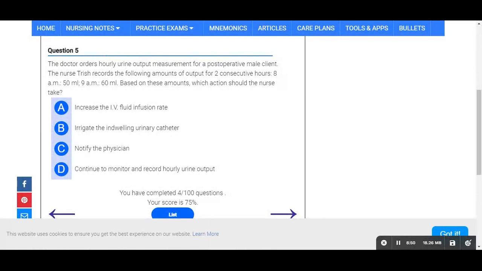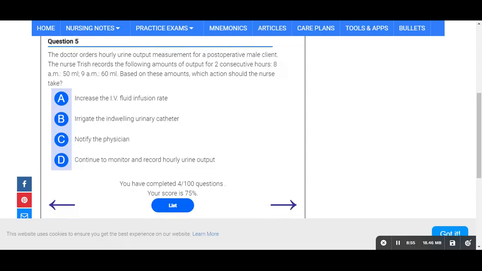But 50 and 60 ml is already too much, so it could be that the patient is already losing too much fluid. Now, from that baseline data that we understand, which action should the nurse then take for that kind of urine output for 2 hours? Increase the IV infusion rate, irrigate the indwelling urinary catheter, notify the physician, continue to monitor, and record urine output.